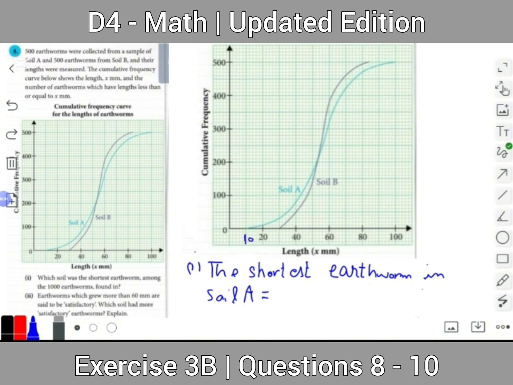So the shortest earthworm in soil A is equal to 10 millimeters from the curve.